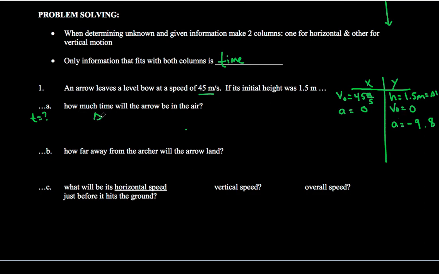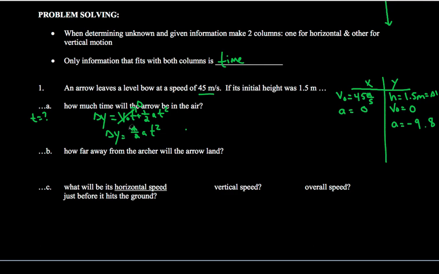So I can use the equation delta y is equal to v naught t plus 1/2 a t squared. And since I'm just working in the vertical, and trying to find time, my initial velocity is 0, so that term cancels out. So we have delta y equals 1/2 a t squared.